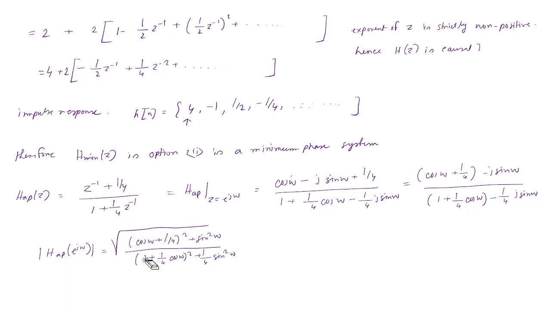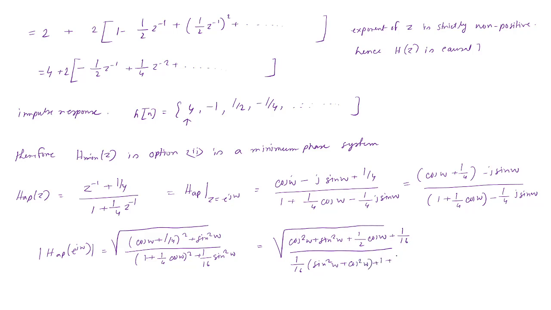Oh, there is one term 1 over 16 here. This corresponds to cos square omega plus sin square omega plus half cos omega plus 1 over 16, which is 17 over 16 plus half cos omega.